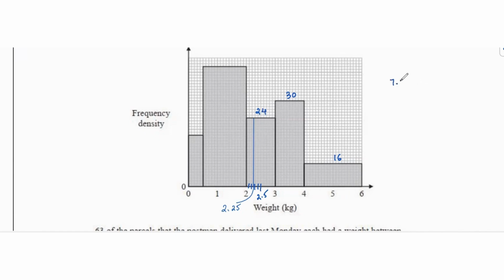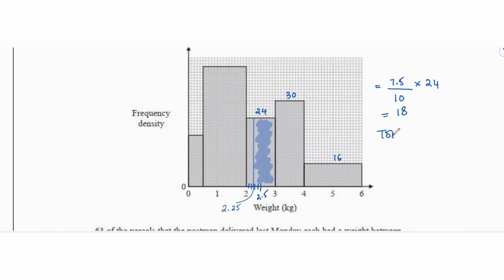So 7.5 out of 10 times 24 will give us the frequency for the parcels that are over here. Because 24 is for the entire bar, we're focusing on this part. So 7.5 out of 10 times 24 is equal to 18.